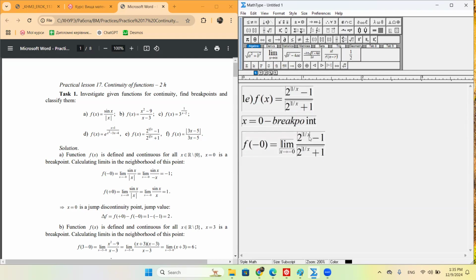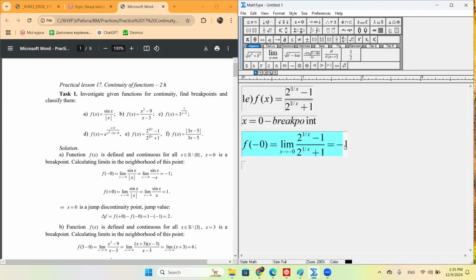What are we having here? 2 in the power of minus infinity is 0, minus 1, and here is 0 as well. So the limit is minus 1.